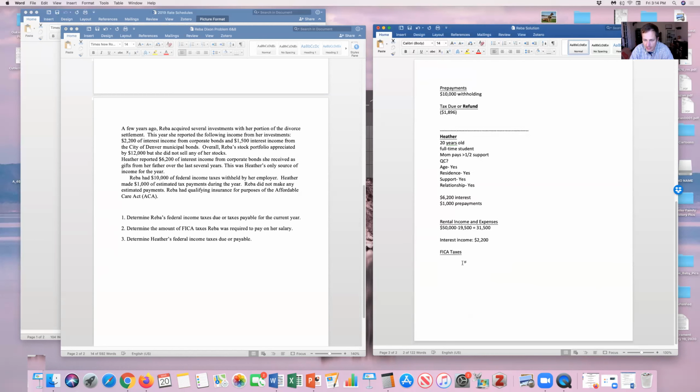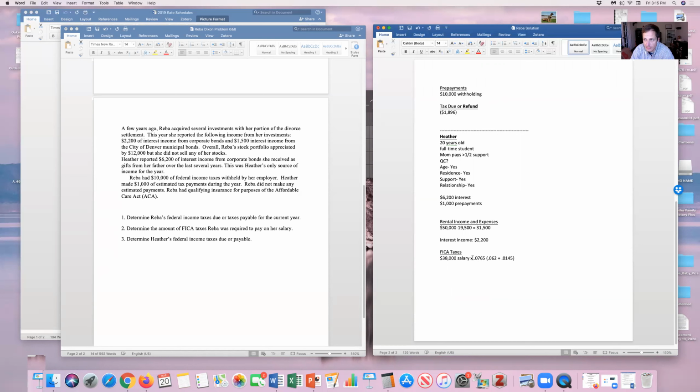So I have a FICA taxes section down here. She's going to pay 7.65%, which is the 6.2% Social Security plus 1.45% Medicare. That's where that number comes from.